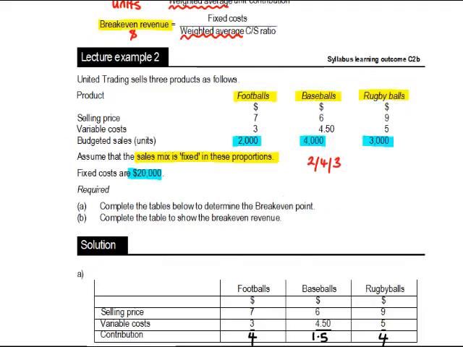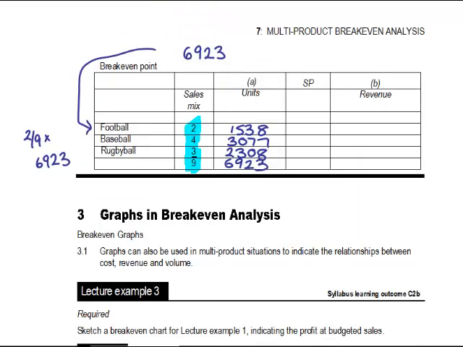In part B, we need to work out the break-even revenue. So the easiest way to do this is going to be to just multiply what we've done already by the selling price. So the footballs are 7, so that comes to $10,766.